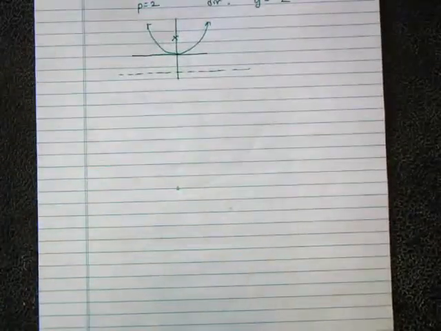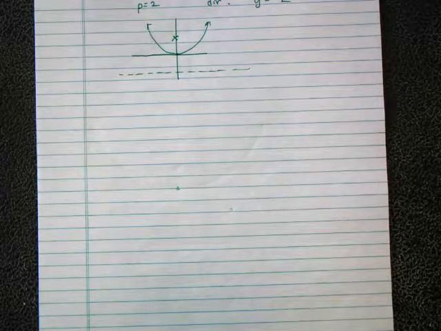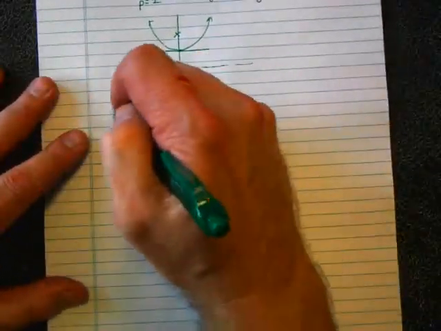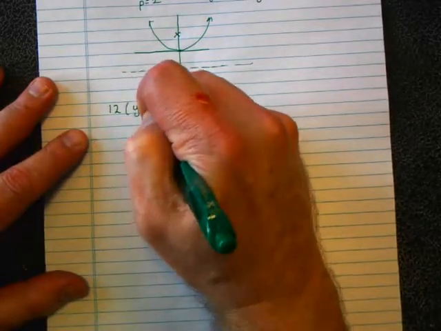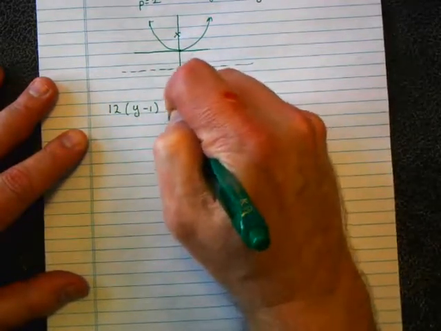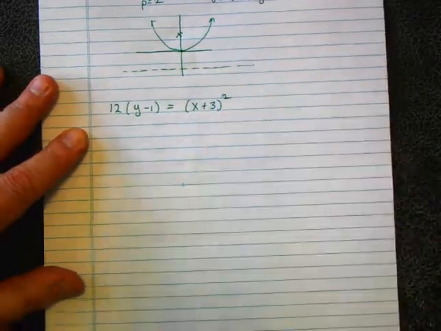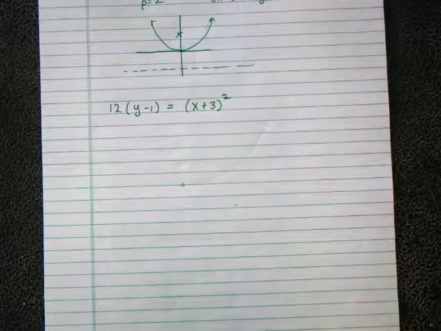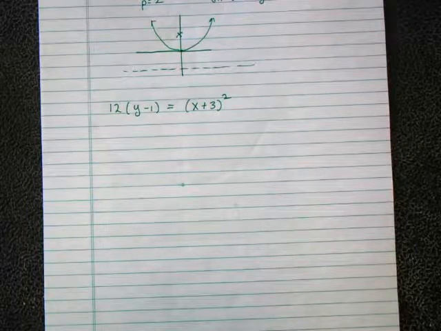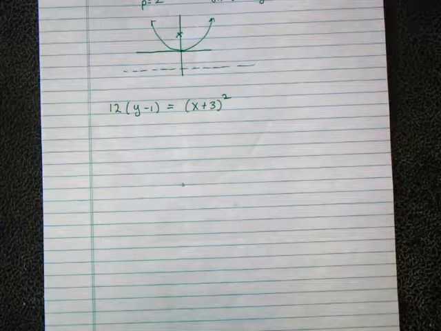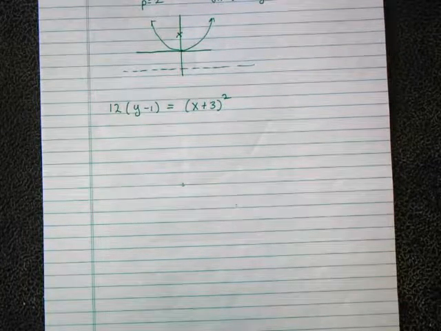So, we don't really cover this in this course, but I'll give you an example where the vertex isn't 0. Let's say I gave you 12 times y minus 1 equals x plus 3 squared. You basically have the exact same properties as you do with the center of a circle.